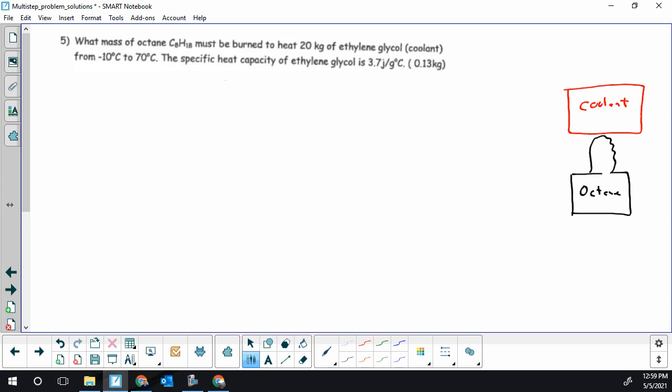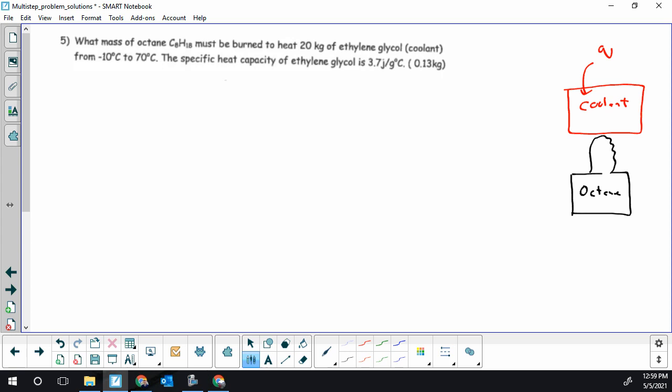Now, in this question, we can determine exactly how much heat that coolant has absorbed. We're given specific heat capacity, temperatures, the mass of coolant, so we can know the Q, or the enthalpy change of this coolant. That can be solved for.